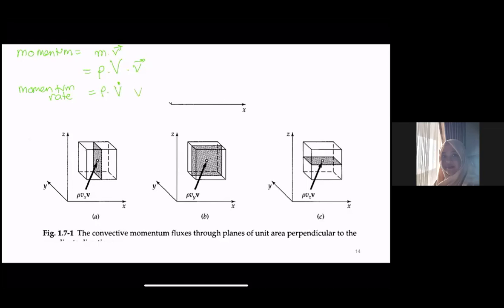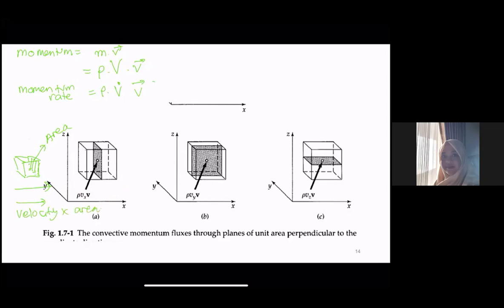Multiply with v. Now if you consider this kind of x, y, z, let's say I have a block of fluid around here. If, for example, this is the area and this one is moving, so to get the volumetric rate, it should be velocity multiplied with the area, right?